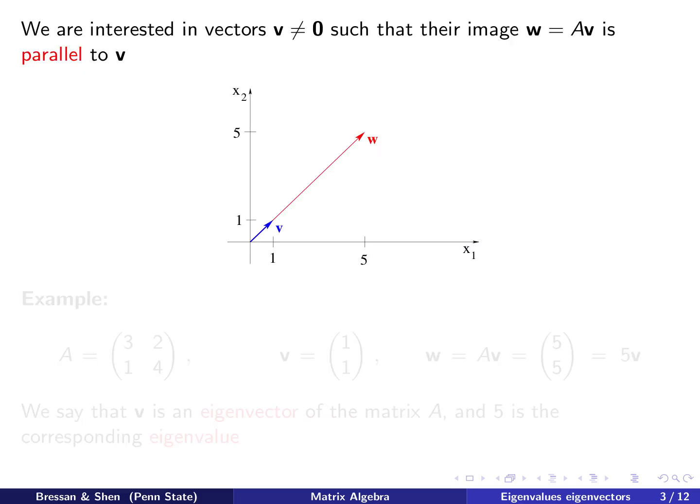We are now particularly interested in finding a non-zero vector V such that after this linear transformation, the image W equal to AV is parallel to V. Meaning that if you plot these 2 vectors in the 2-dimensional case, and you compute W equal to AV, it points exactly in the same direction, but possibly with a different magnitude.